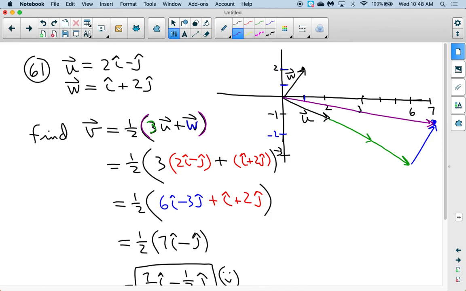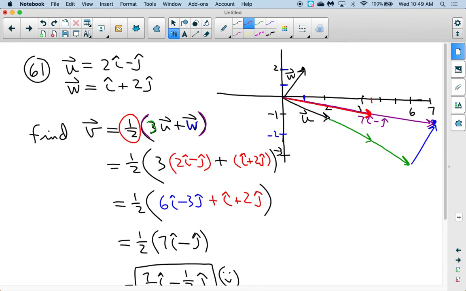So I write it as 7I minus J. And then lastly I have to do the half, in red. The half just halves everything. It shrinks this purple vector down to half size, and the red vector would be my final vector.